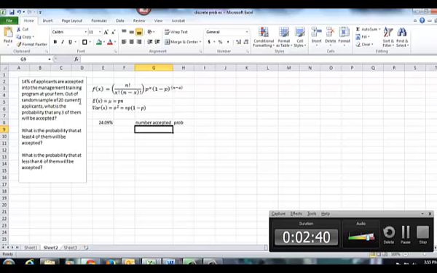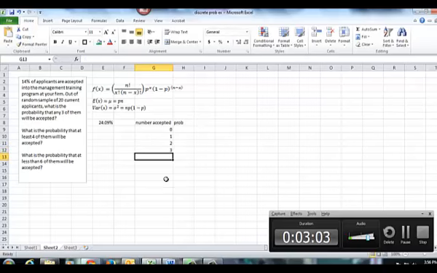I know that I selected a random sample of 20, but I don't know whether 20 was the entire applicant pool. So the way I'm going to solve this, I'm going to figure out the probability that 0 are accepted, the probability that 1 is accepted, 2, and 3.